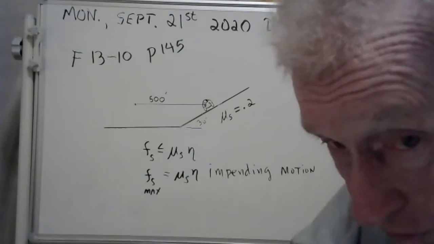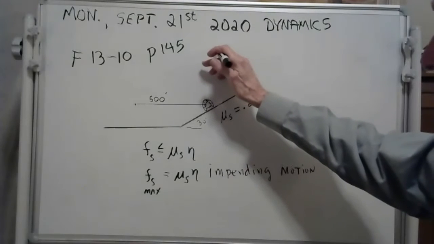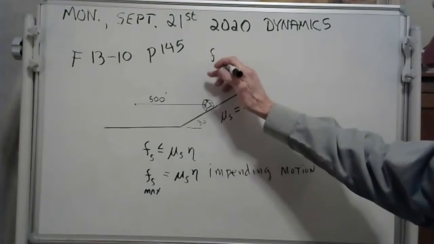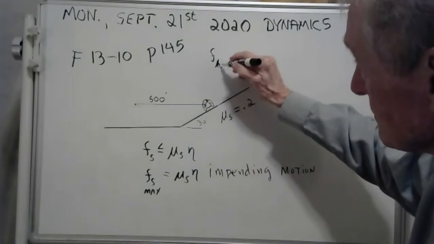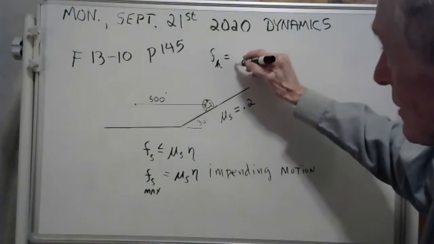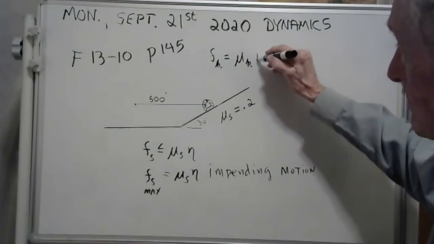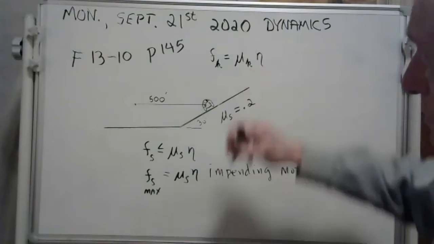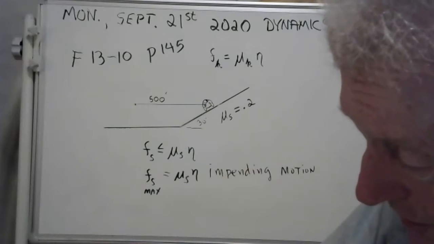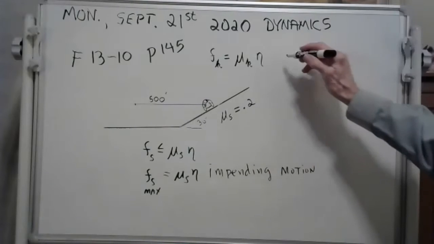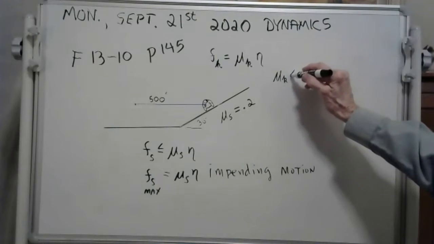And then you've got kinetic friction. Now the equation for kinetic friction goes like this. It's not an inequality. It's an equality. But the coefficient of kinetic friction is always less than the coefficient of static friction.